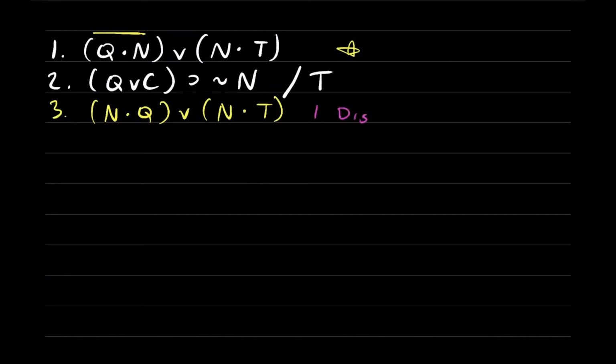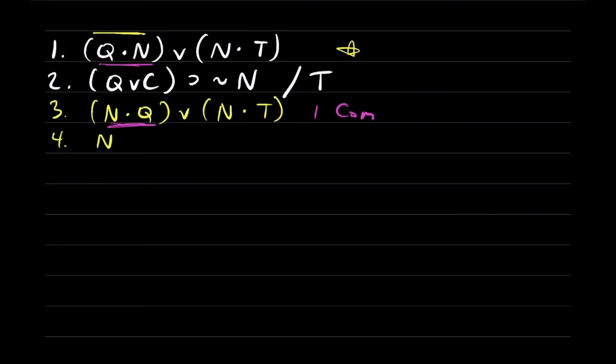Oh, excuse me, not distribution. Commutativity, COM. All I've done is reverse the order of this conjunction here in the first part of line 1. And again, this is another instance of how you can apply replacement rules or equivalence rules to a part of an entire line.